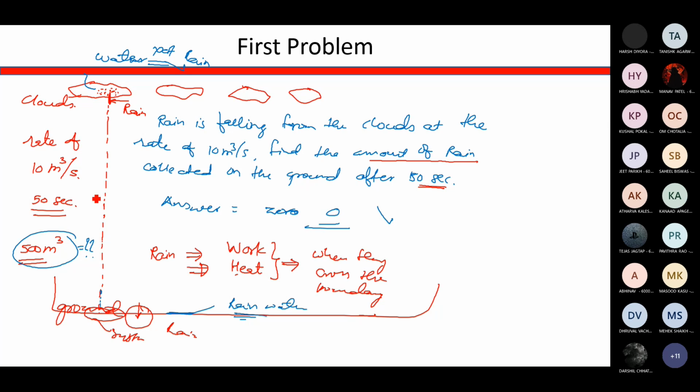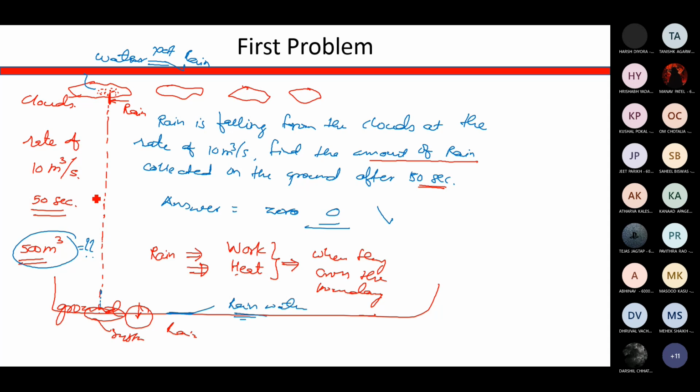The same is true about work and heat. Work and heat are in between. The moment it crosses the boundary, we start talking about work transfer or heat transfer. I hope you understood this. Now try to connect this: heat transfer and work transfer are boundary phenomena.